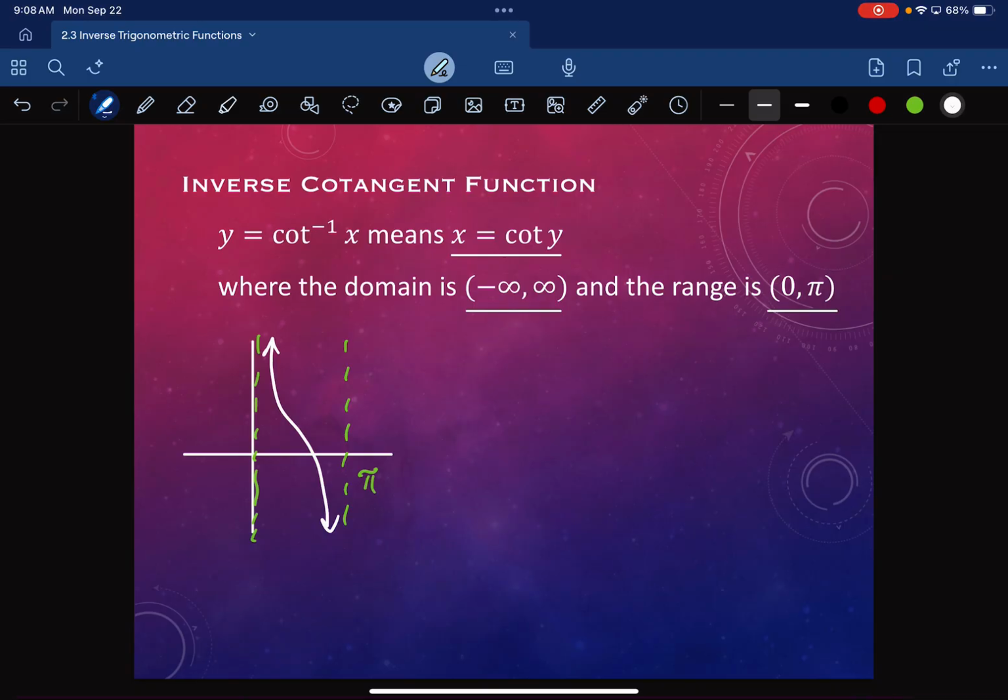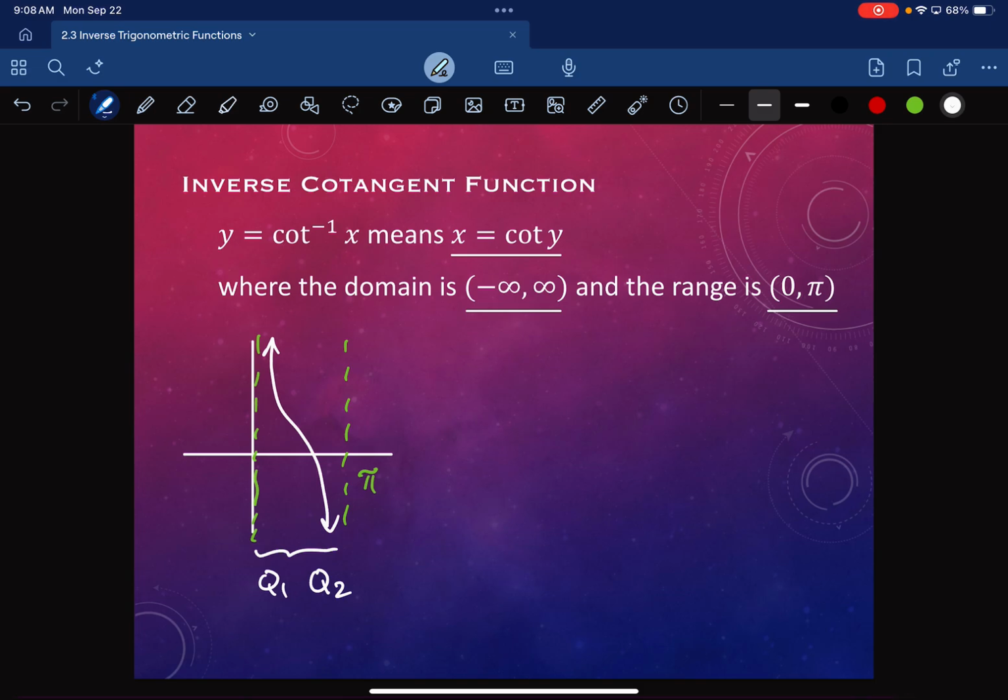Nod your head if that looks familiar. Y'all just took a quiz on some of those things, right? So this one is actually also in quadrants 1 and 2, like cosine. It's cotangent, but it doesn't match up with tangent because its asymptotes occur in different locations. So it is in quadrants 1 and 2, like cosine.